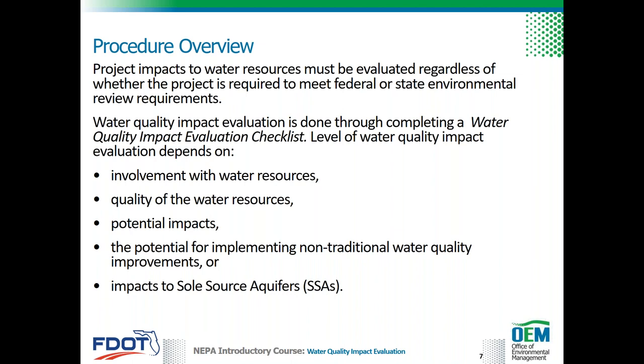The impact evaluation is completed through the Water Quality Impact Evaluation Checklist. The level of evaluation depends on several factors such as involvement with water resources, quality of water resources, potential impacts, the potential for water quality improvements, and impacts to sole source aquifers.